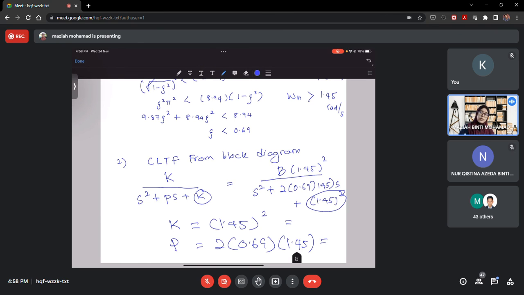And then you can also determine B. Sometimes we don't need to determine B, but in order to show the difference between K and the static gain, I let you calculate B, where we consider B is the static gain.